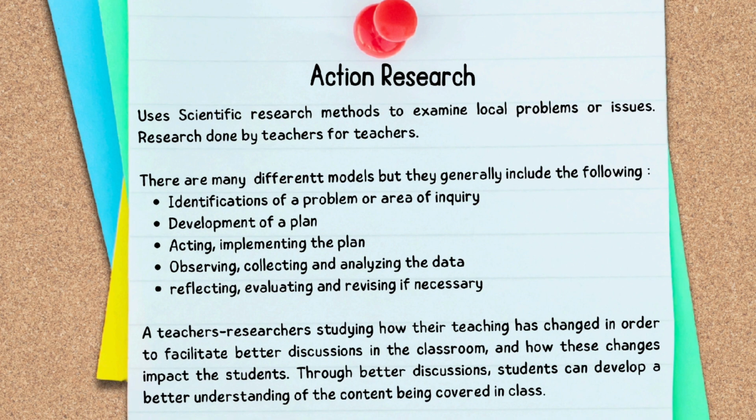There are many different models, but they generally include the following: identification of a problem or area of inquiry, development of a plan, acting, implementing the plan, observing, like collecting and analyzing the data, and reflecting, evaluating and revising if necessary.